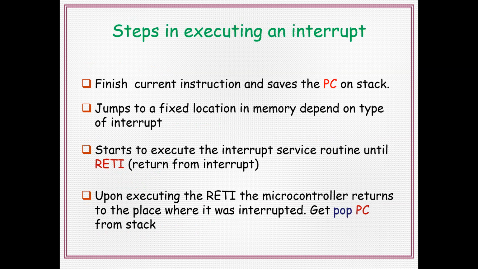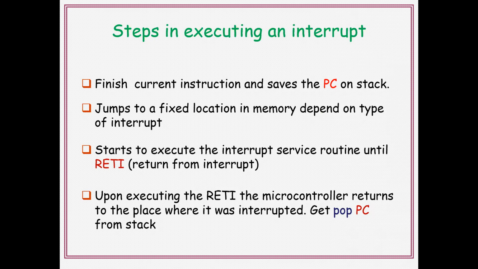Then what are the steps in executing an interrupt? First, finish the current instruction and save the program counter on the stack, because the program counter always points to the address of the next executable instruction, not the current instruction. So it finishes the current instruction and saves the next instruction address onto the stack with the help of a push operation.